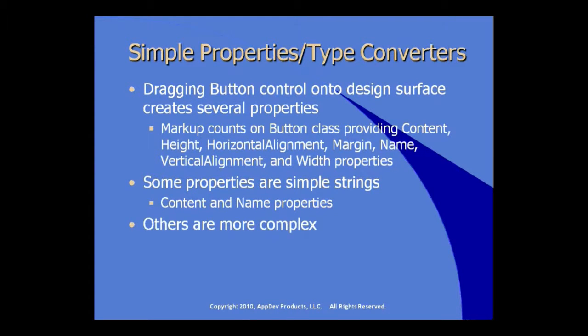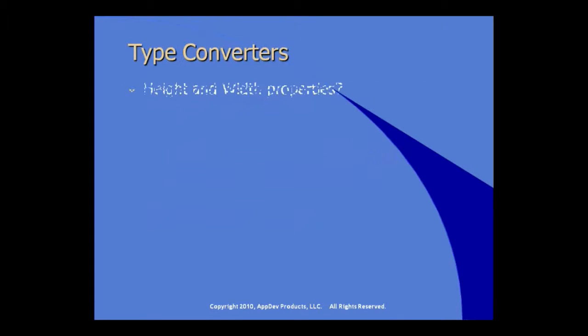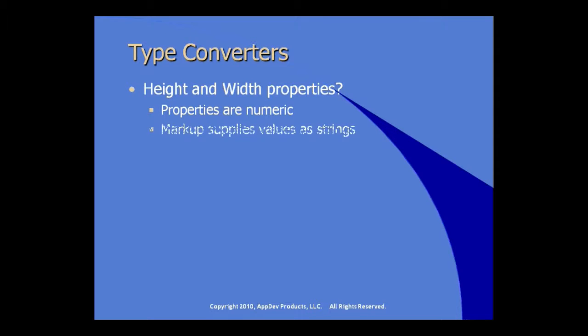But others are more complex. Let's think about those, the ones that require some extra effort. For example, what about the height and width properties? We set those as a string, but clearly those are numeric properties. They're numbers, they're not strings. But the markup supplies their values as strings, their attribute values as strings.